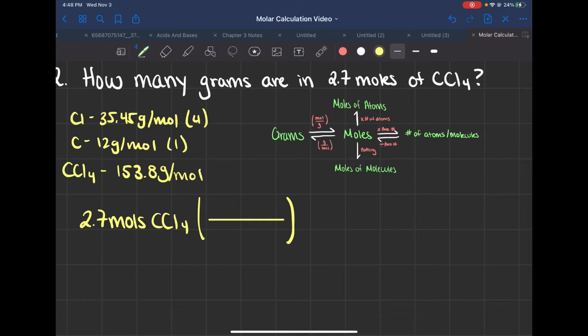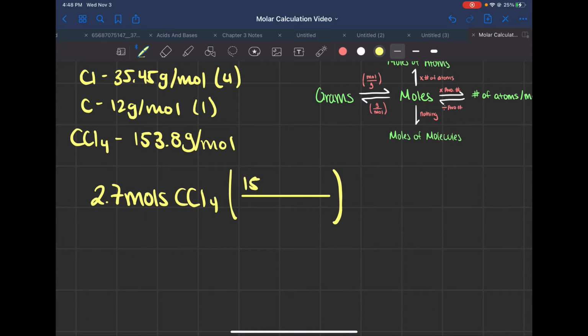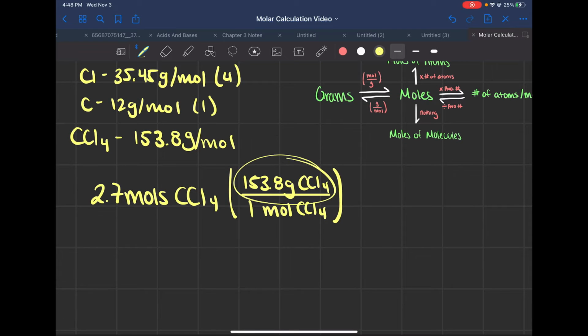So this is the molecular weight of CCl4. So we're multiplying by 153.8 grams of CCl4 and dividing it by 1 mole of CCl4. So for every 6.022 times 10 to the 23 molecules of CCl4, it weighs 153.8 grams.